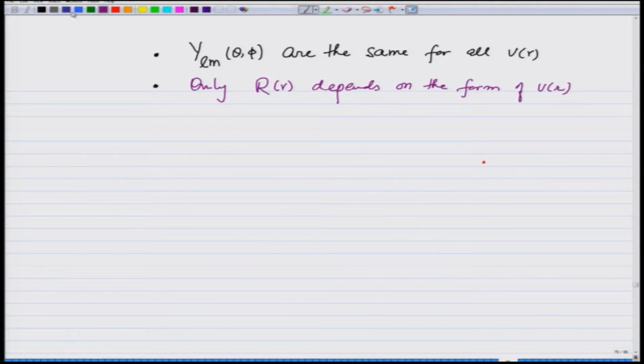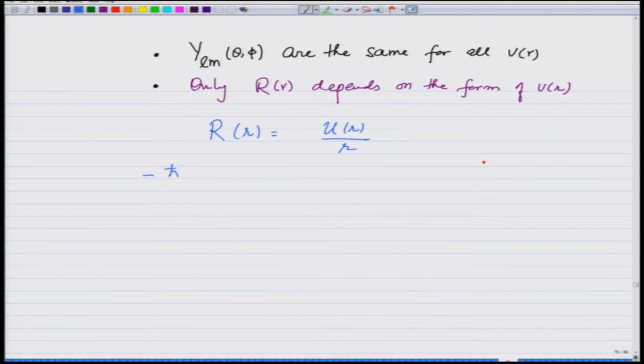To facilitate the solution, we had written R as a function u of r over r, so that only the second derivative of u appears in the equation, and I will quickly write what the equation came out to be.